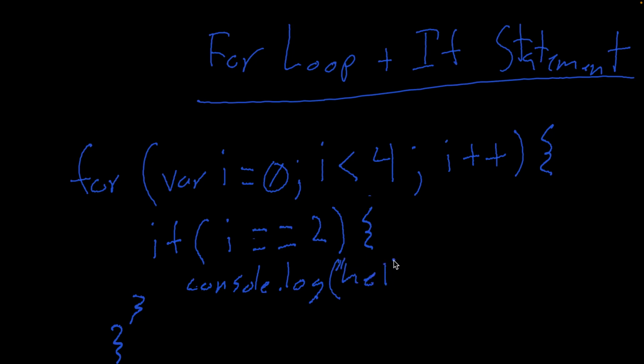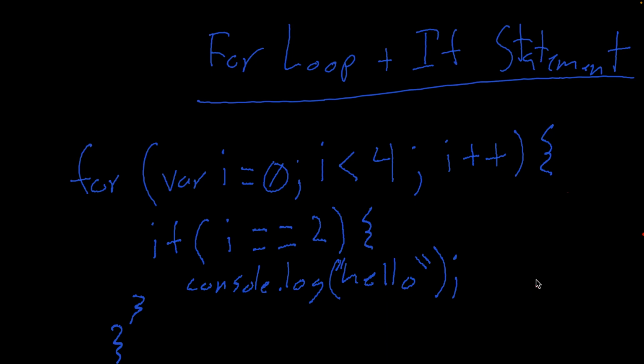Okay, that's all I want to do. I have a for loop. I'm going to read from 0 to 4. And if at any point i is equal to 2, I want to console log hello. So let's go ahead and do this one, and we'll close out the lecture after this.